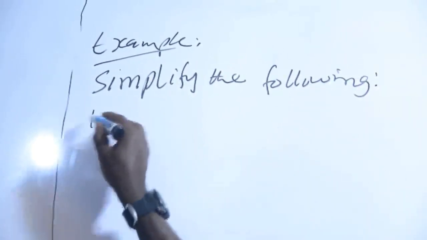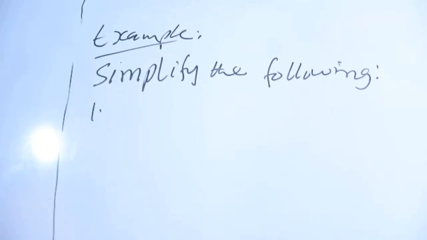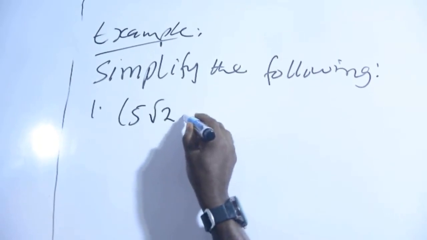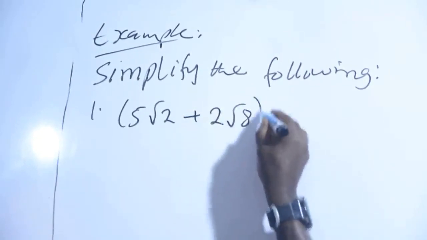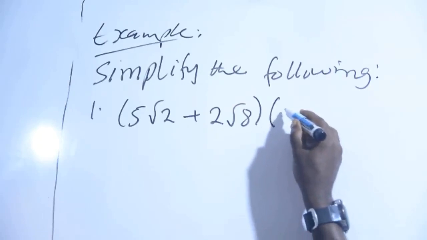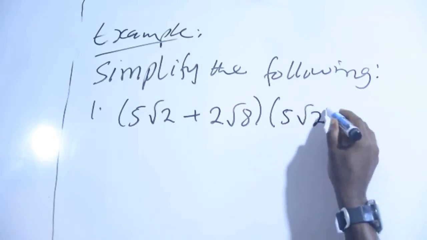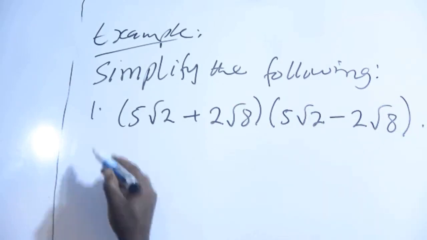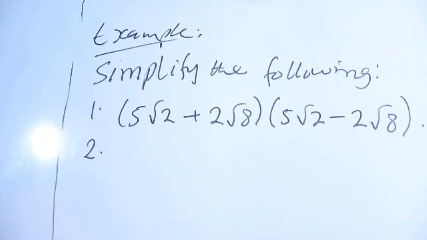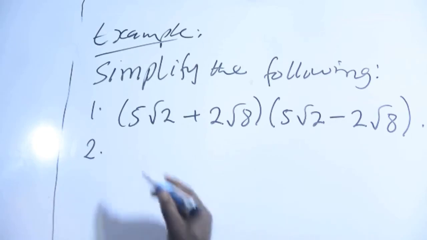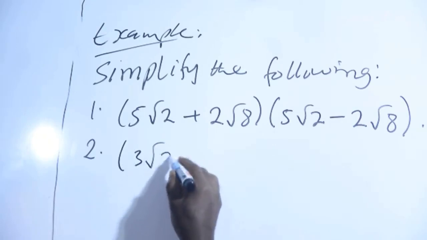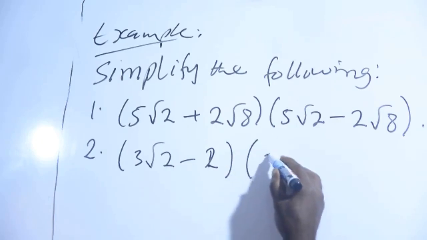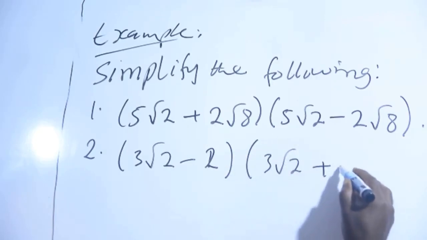The first one here: 5 root 2 plus 2 root 8 into 5 root 2 minus 2 root 8. Let's just pick 2 under this one: 3 root 2 minus 2 into 3 root 2 plus 2.